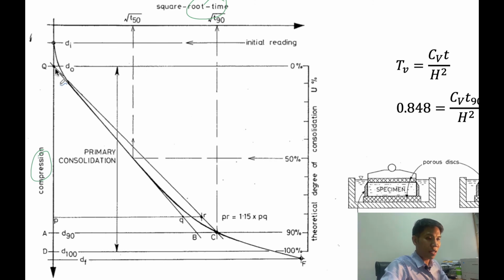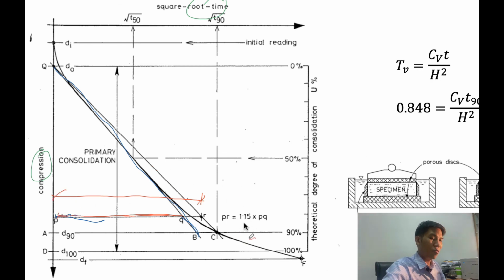Firstly, you draw this line, then you determine this distance PQ. After that, you determine the so-called PR. PR is from this to that.